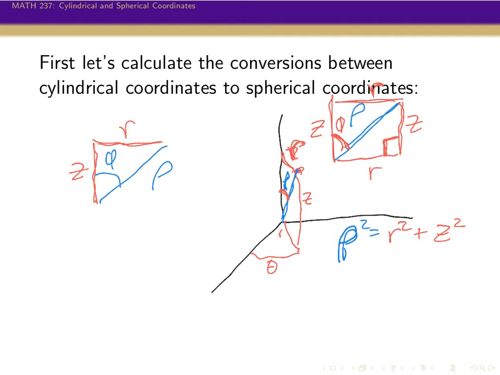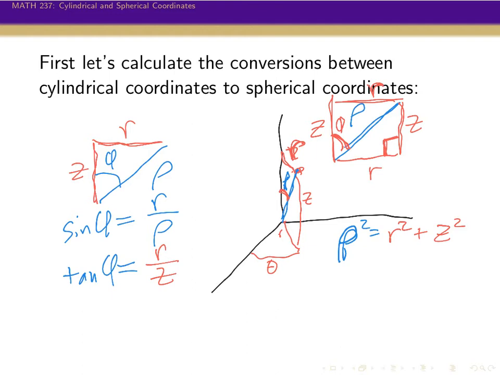And so r is opposite phi, so sine phi is going to be r over rho, but really if we're doing this between r and z, r is opposite, z is adjacent, and so tangent of phi is r over z.